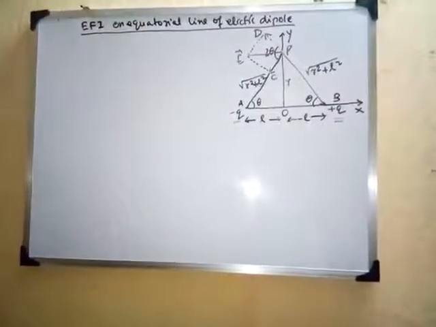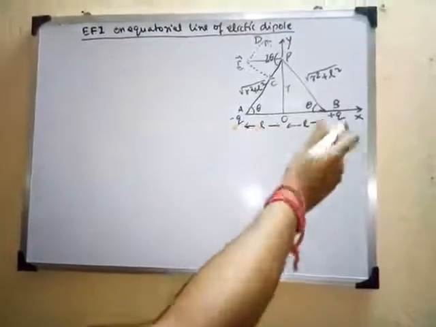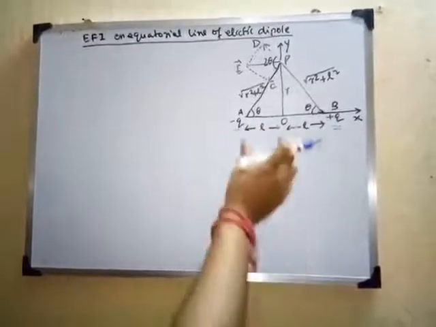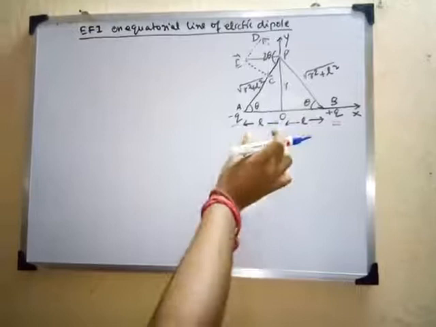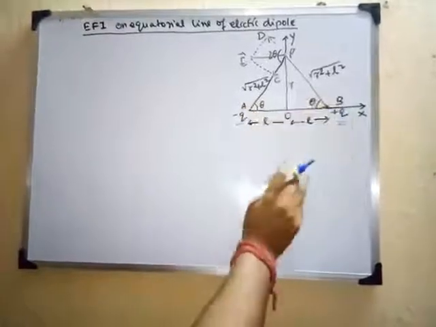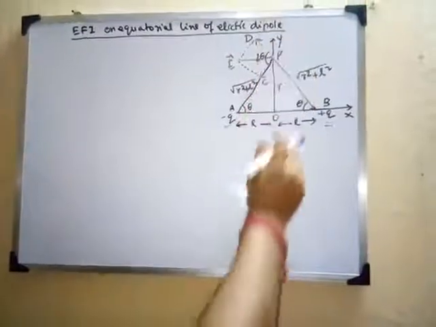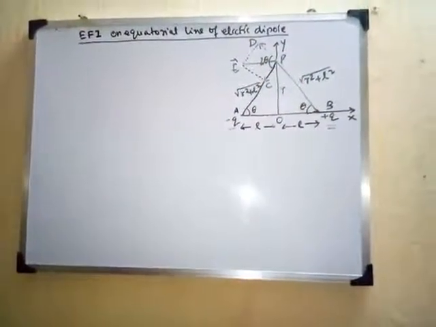In this diagram, we can see A and B are two points where the minus Q and plus Q charges are present, and this is the mid portion. As you can see, they are separated by the same length element L and L. We have extended this line. This is your perpendicular line, and this is the point P where we have to calculate the EFI on the equatorial line.